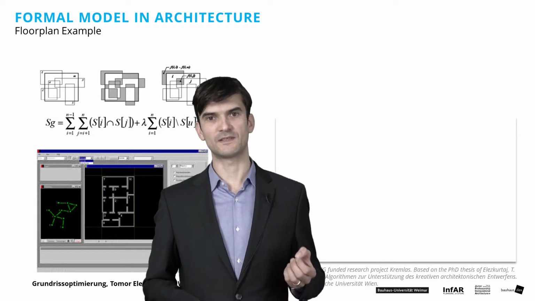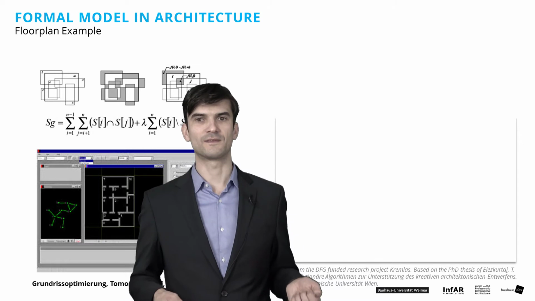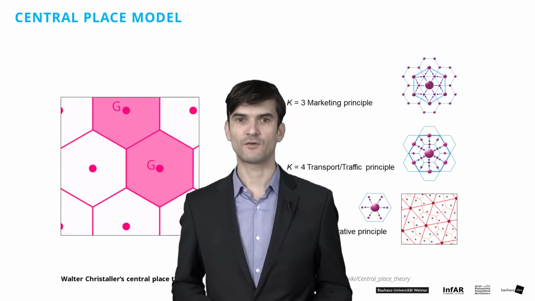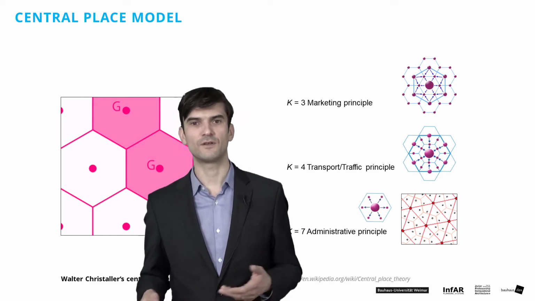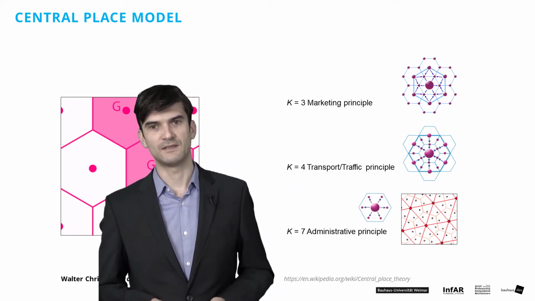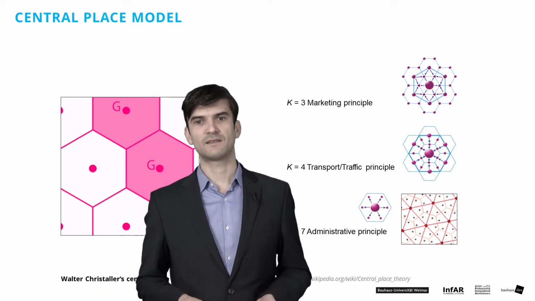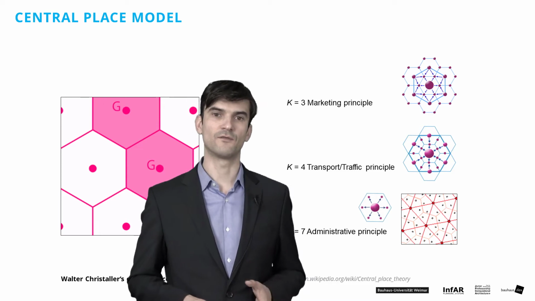Another very important spatial model is the model that describes the distribution of central places. In geography, central places can be cities in a country or region, or centers inside a city. The sizes and distribution of these centers follow some relatively universal principles.